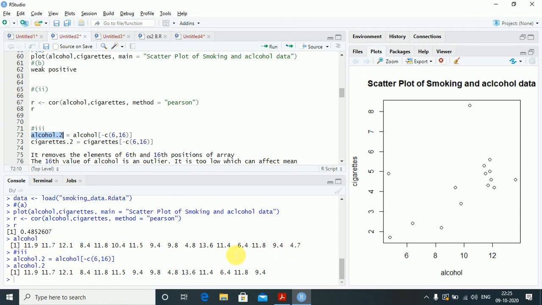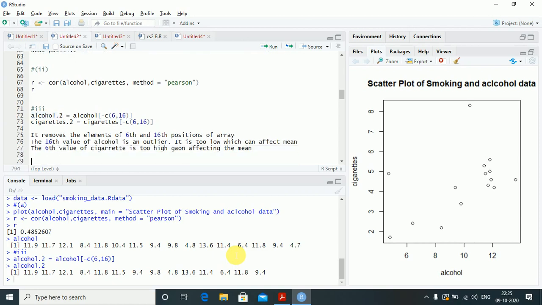If you see, the 4.7 value was the lowest of all the values, so it was an extreme value. It is an outlier. The 16th value of alcohol is an outlier. It is too extreme, so it is affecting the mean. 10.4 was a very high value, but it has been removed so that we can balance the data. A higher end value is removed and an outlier is removed.